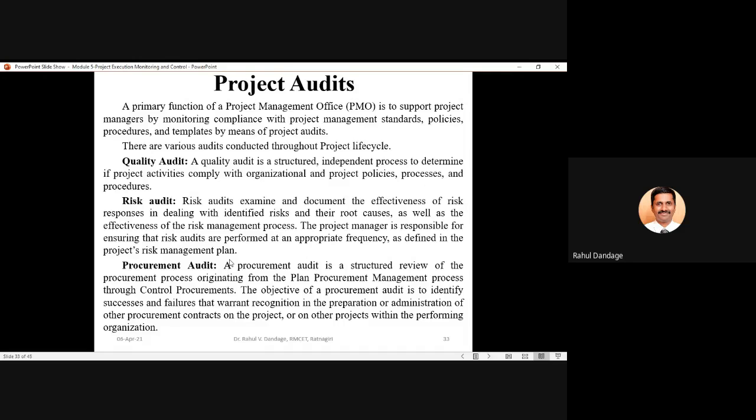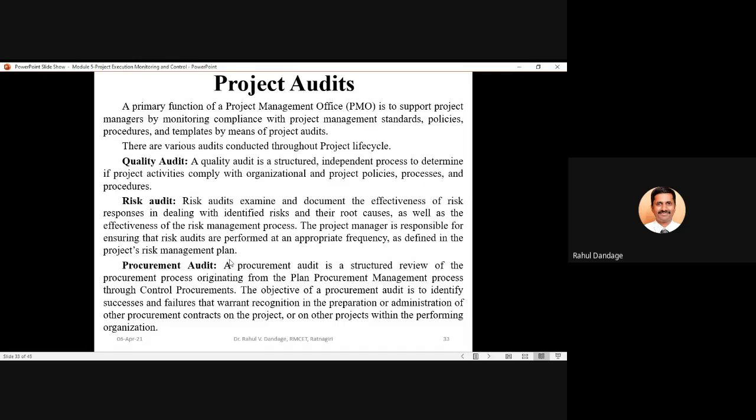When we go from the plan procurement management process to the control procurement process, all that is nothing but your project procurement management. The objective of procurement audit is to identify the successes and failures that warrant recognition in the preparation or administration of other procurement contracts on the project or on other projects within the performing organization.